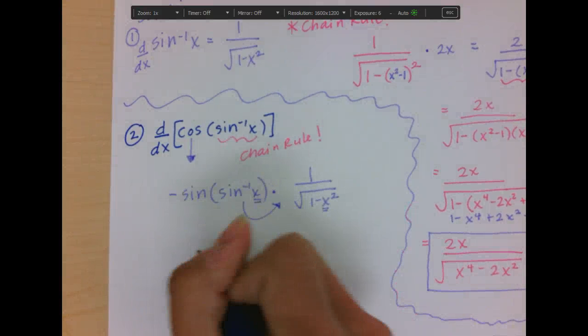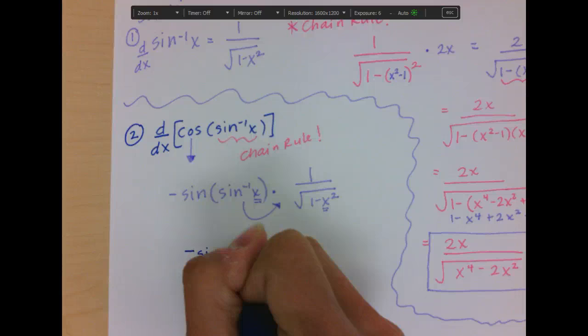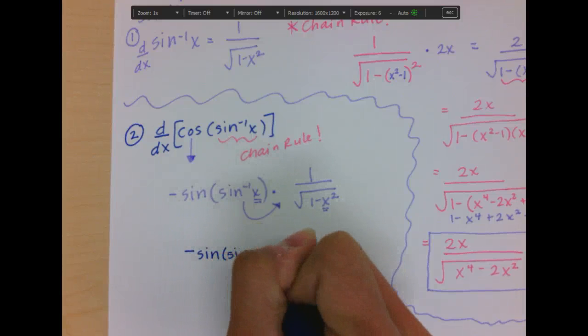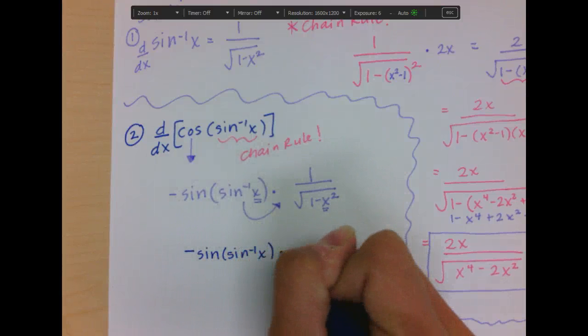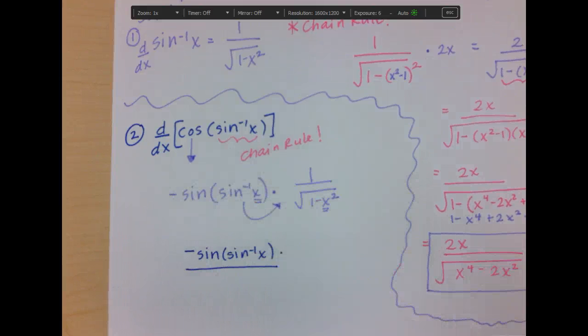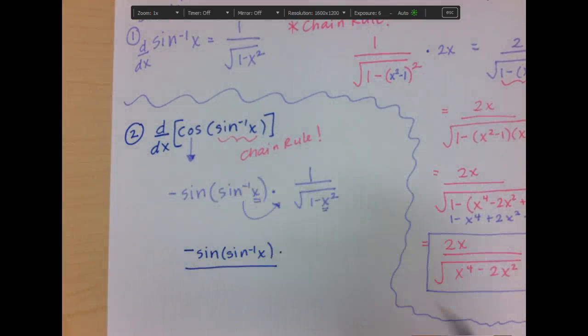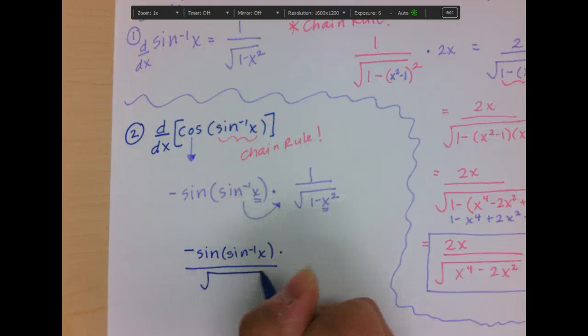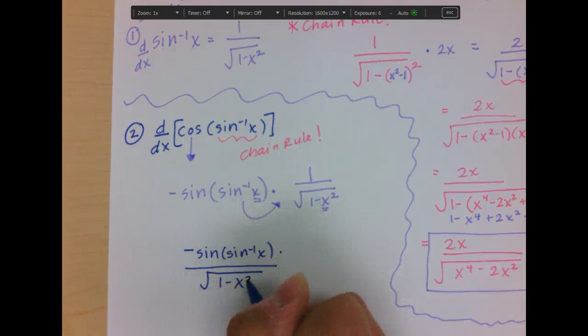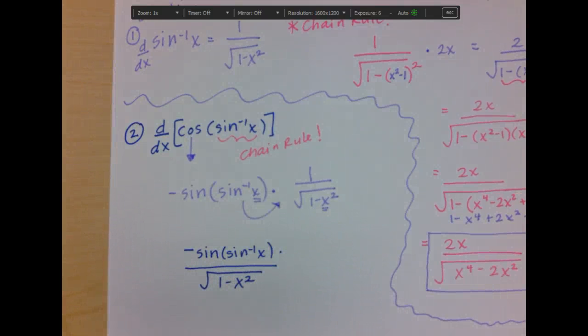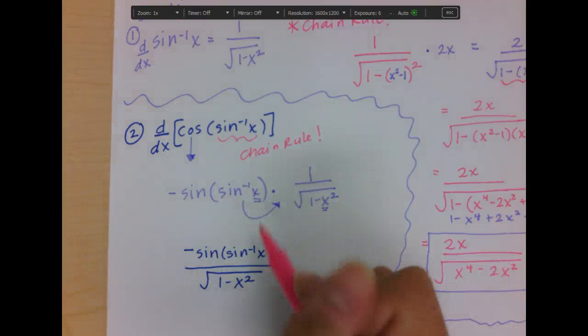Let's clean this up. We've got negative sine of the inverse sine of x, divided by the square root of 1 minus x squared. Something interesting happens here that hopefully you remember from your trig course.